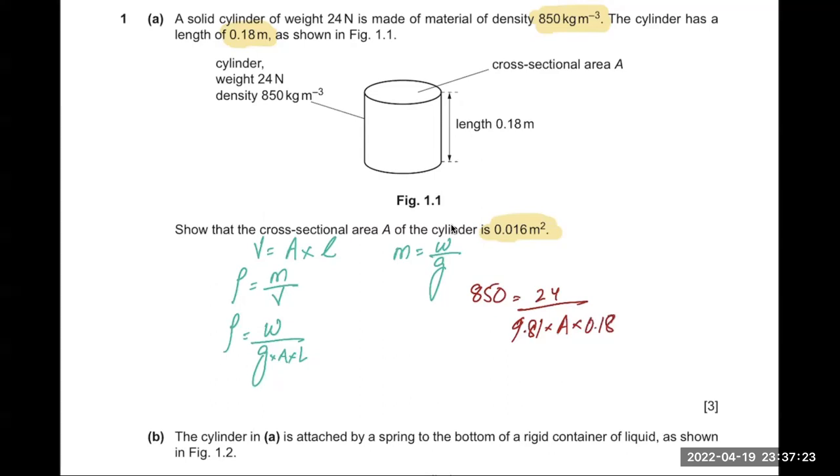Make A the subject of the equation. What do you get? You get the answer as A is equal to 0.01599, which is equal to 0.016, and that is what they wanted you to show.